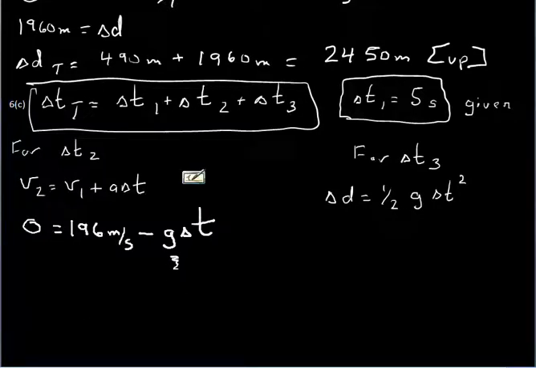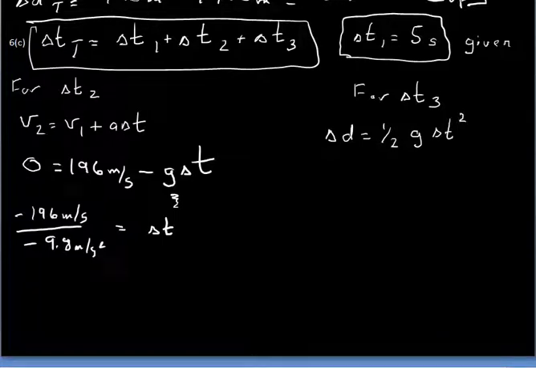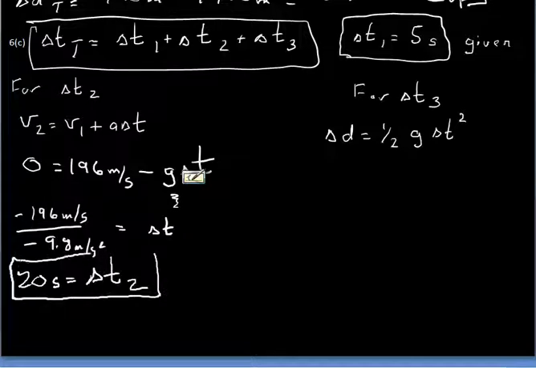So we do know that minus 196 meters per second over negative 9.8 meters per second squared is going to equal that. That works out to be 20 seconds. Okay. So the second part of the journey takes 20 seconds.